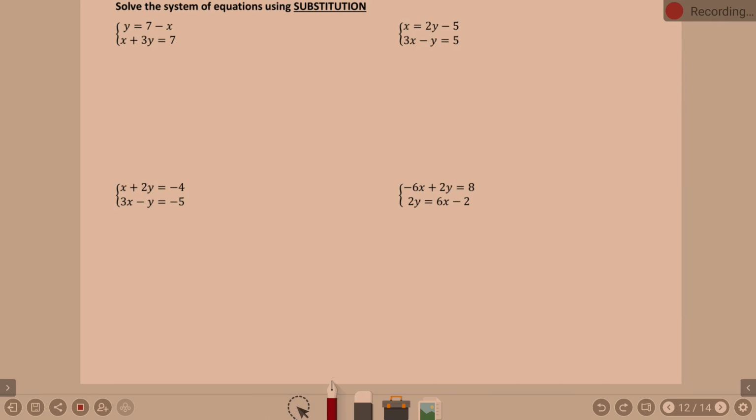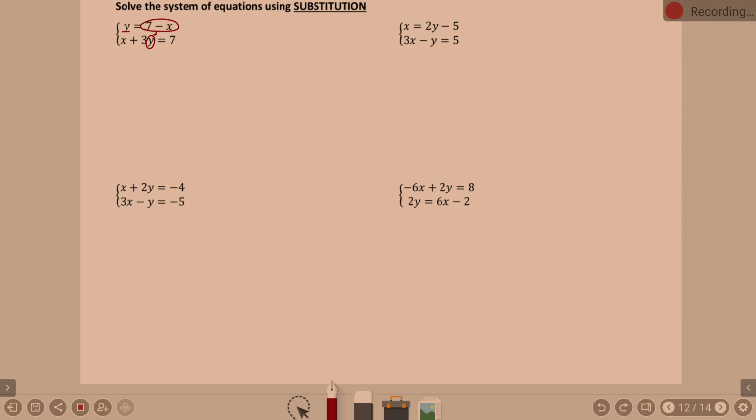So it's y equals. Since it's y equals 7 minus x, in the bottom equation, every place I see a y, we're going to replace it with 7 minus x. Since y is equal to 7 minus x, every place I see y, I'm replacing with 7 minus x.